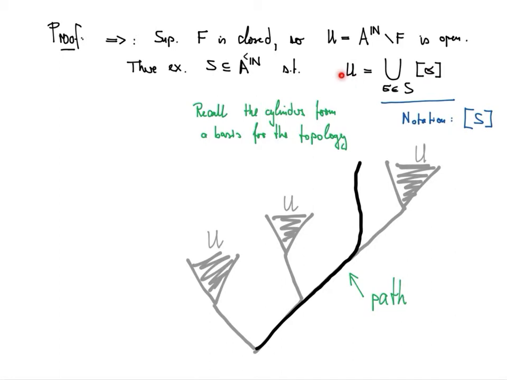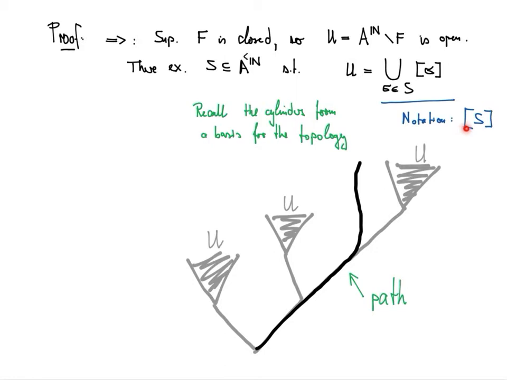So S is a set of strings, and together these strings generate the cylinders that represent our open set U. To facilitate our lives a little bit, we extend the notation from cylinders to sets of cylinders, so to say.